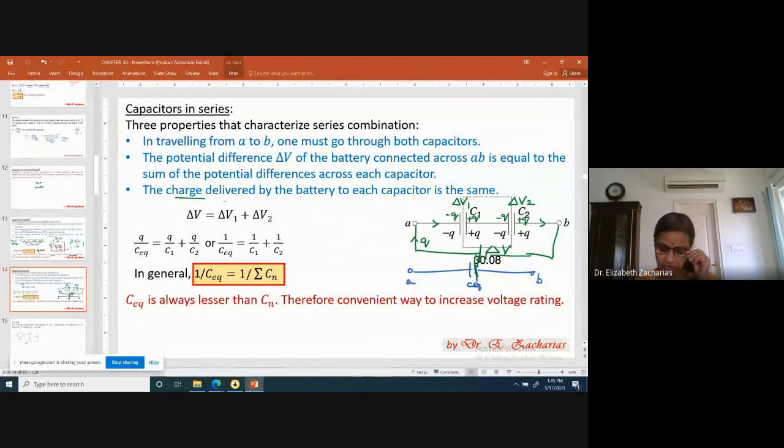Another very interesting thing is, there is a plus Q, there is a minus Q here. There's a minus Q, there's a plus Q here. This entire plate is going to be neutral.